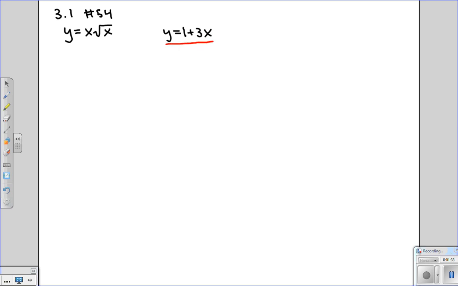So the first thing we need to ask ourselves is, what is the slope of this line? And of course, we know that the slope of a line is the coefficient of the x variable. So in that case, our slope is 3.